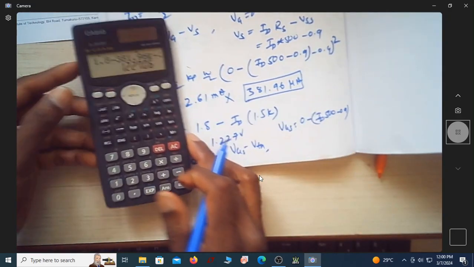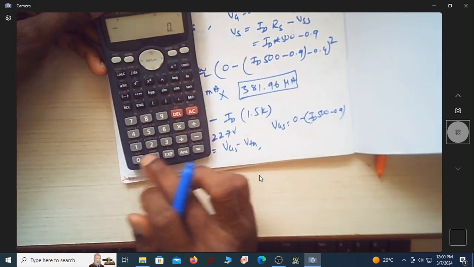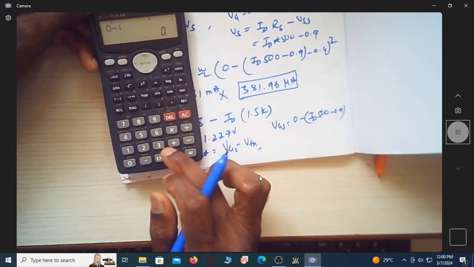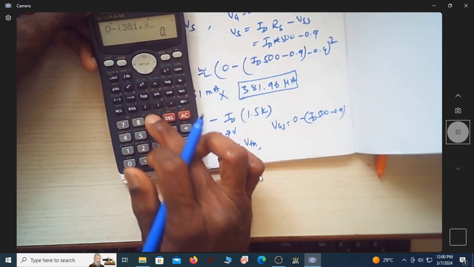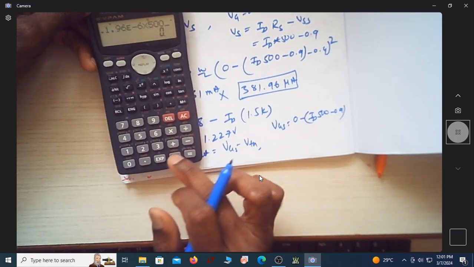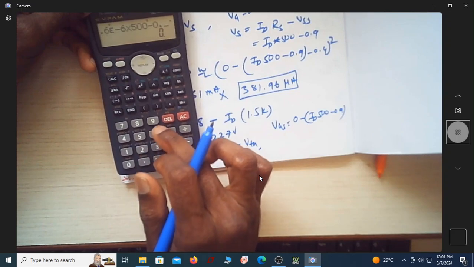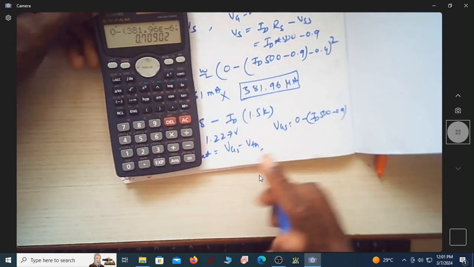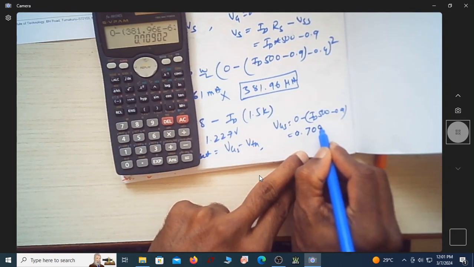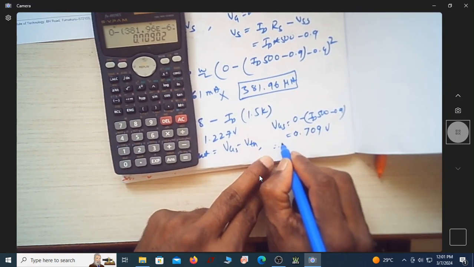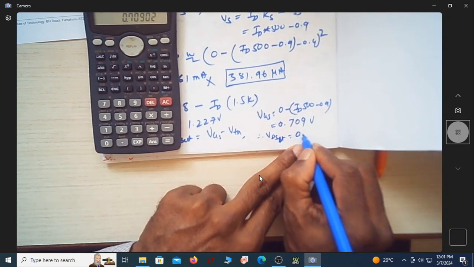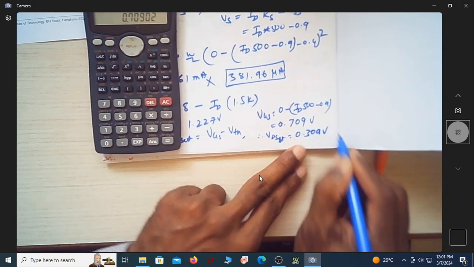So let me find out what this is: 0 minus (381.96 exponential minus 6 into 500 minus 0.9). Is it not 0.709 volt? So VDS SAT is equal to 0.309 volt.